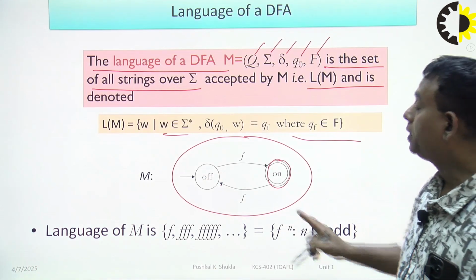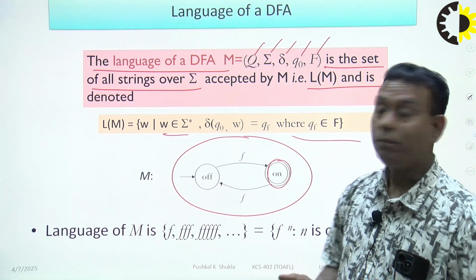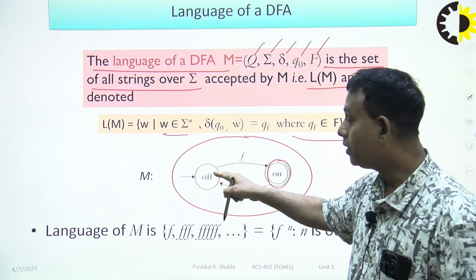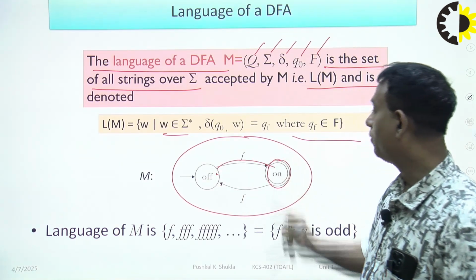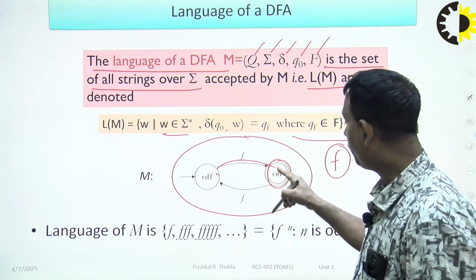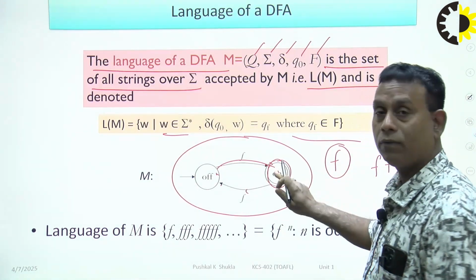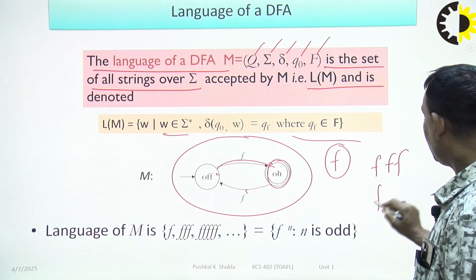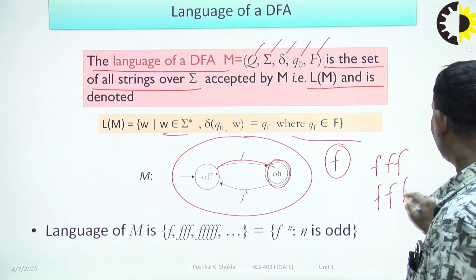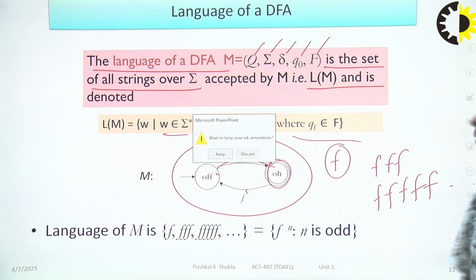So there are two states, off and on, where on is the final state and off is the starting state. The language accepted by this machine is F, which goes to the final state, then F again, and so on. So this type of language is accepted by this DFA.